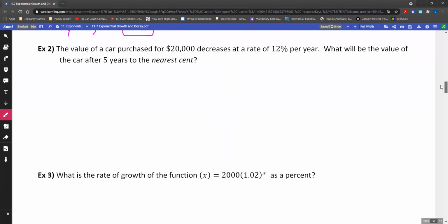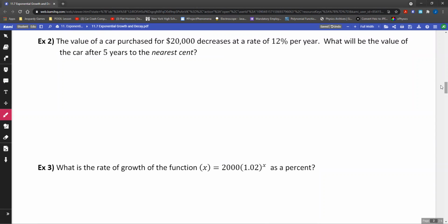Okay. Scrolling down. Here they say the word decreases, so this is going to be decay. And we're looking for the value after 5 years. The initial value was 20,000. Our rate is 12% per year, so this is going to be written as 0.12. And it's for 5 years.